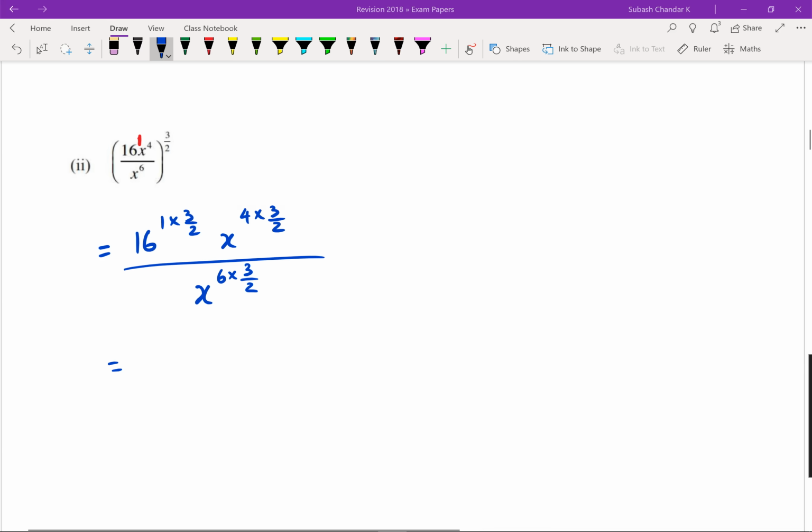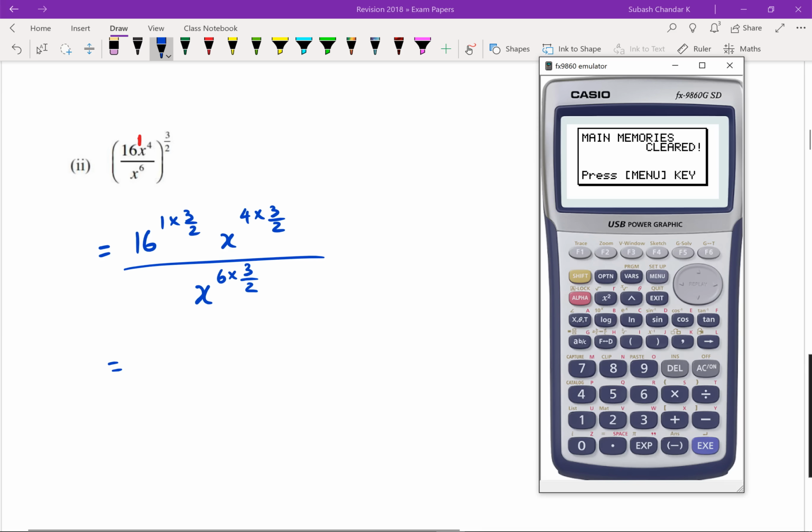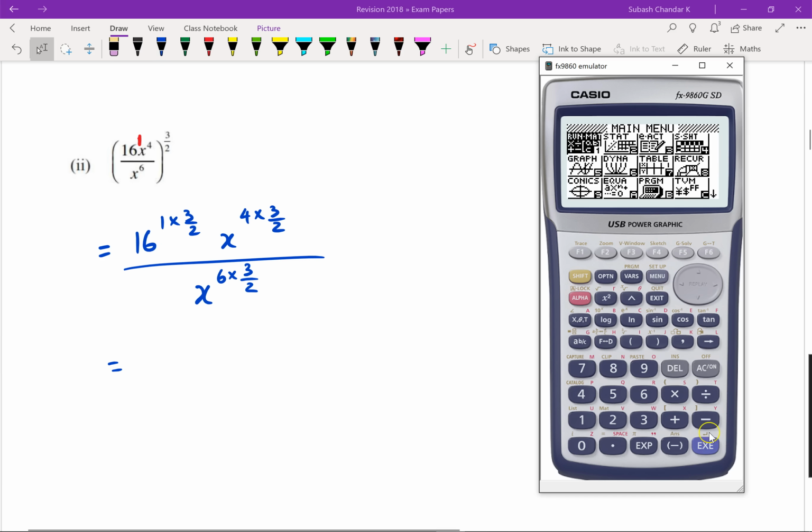So the best thing to do is put this in the calculator. So you've got menu run, 16 to the power of 3 over 2. Now one tip that I'm going to give you guys, one of the many tips I'm going to give you guys is this. Whenever you put a power in the calculator, always put the powers inside of brackets.